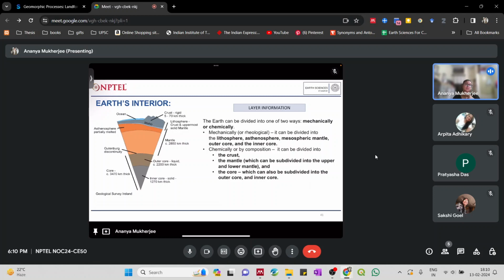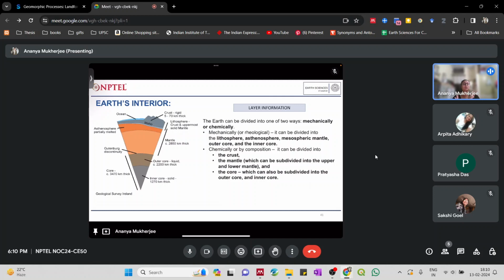So the Earth's interior, we can classify the layers based on two very important properties. One is their mechanical properties, and the other one is the chemical properties.